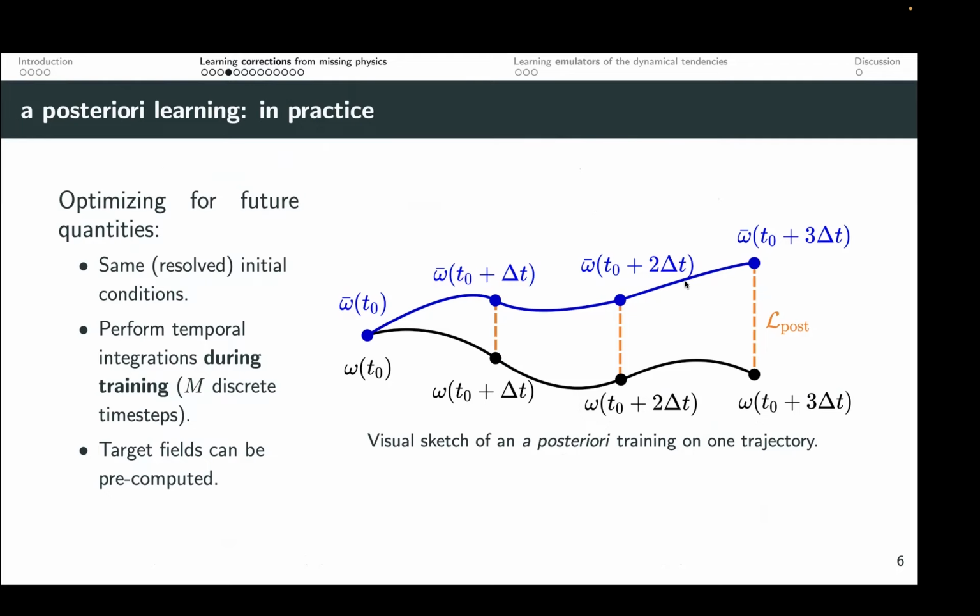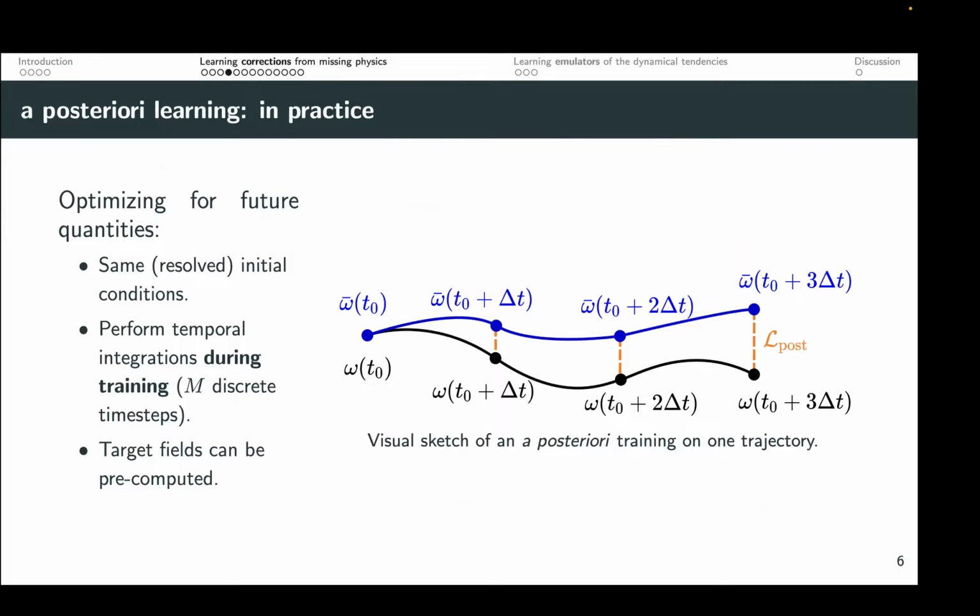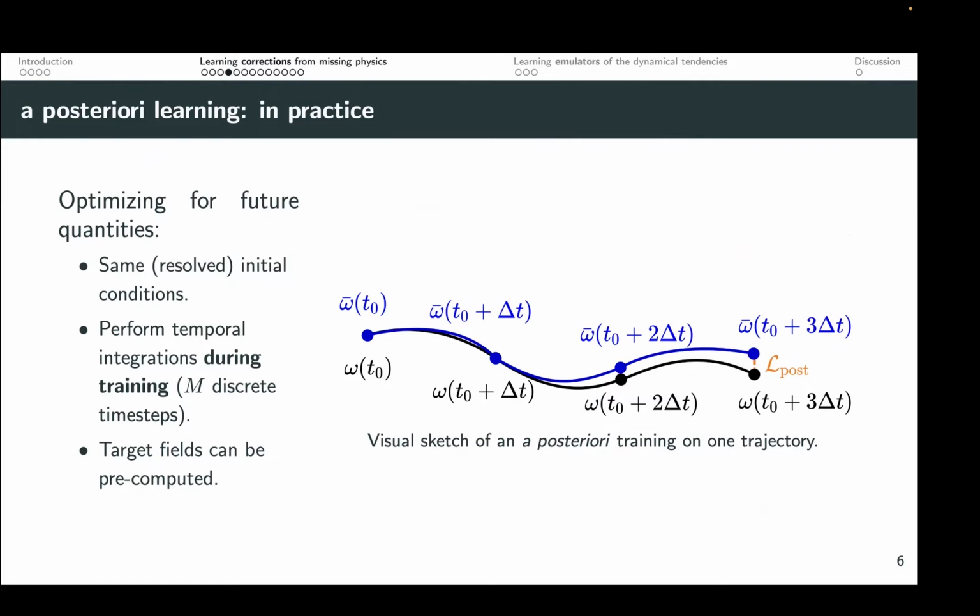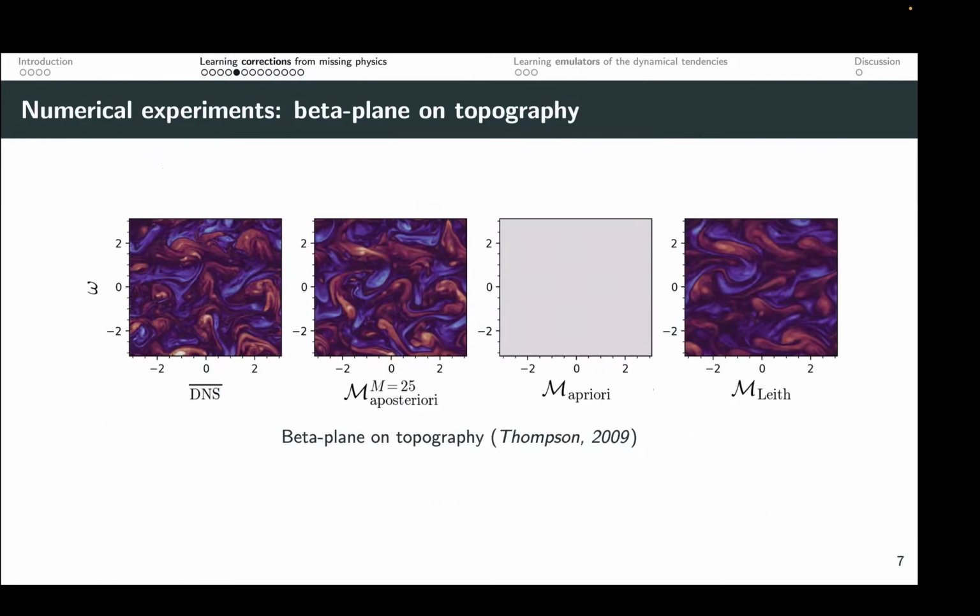And so we are able to compute a loss function over the entire trajectory, and not only on the next substep that's represented by the subgrid term. So what we do with online learning is that we minimize the error on the entire trajectory, not only on the next time step.